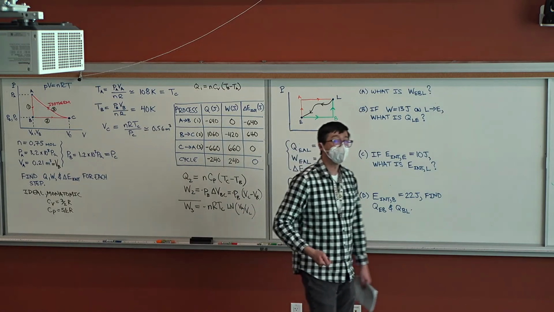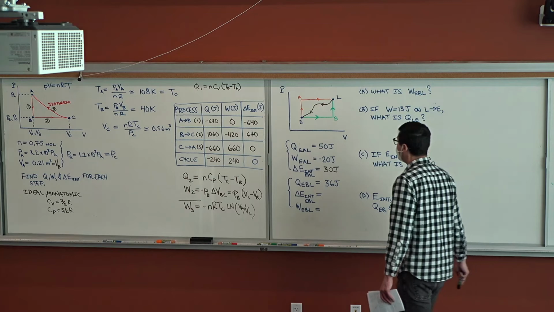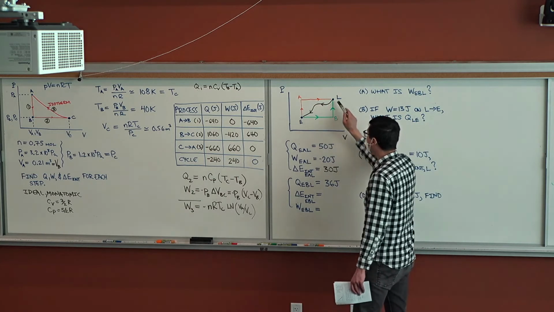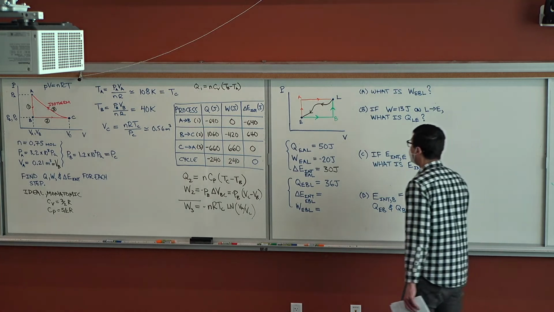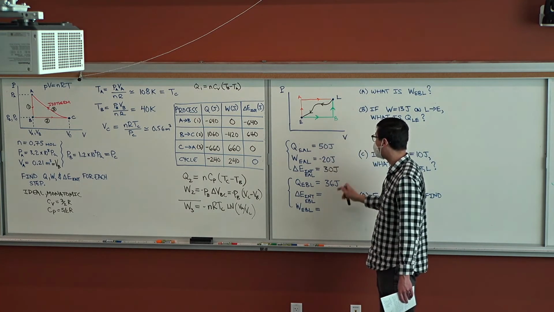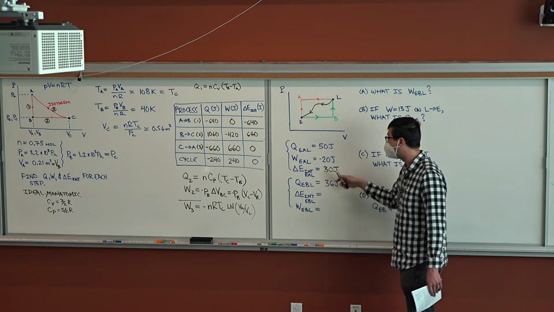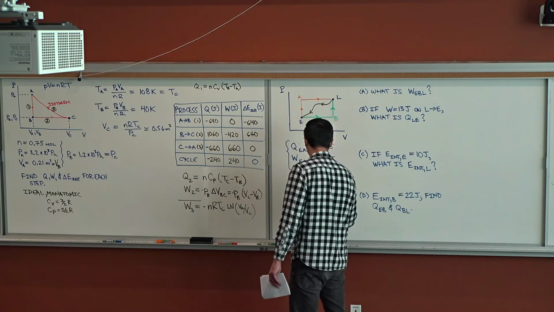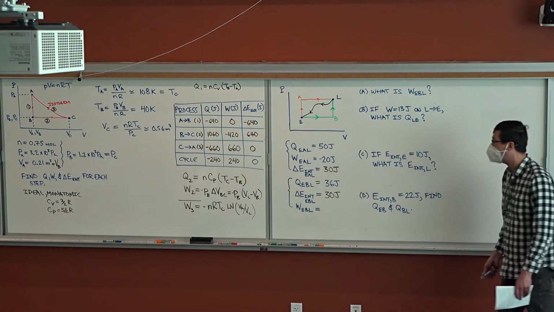But remember, internal energy is a state variable, right? So we could also have gone from E to B to L, and we should get the same result. And so if the heat added from E to B to L is 36 joules, well, I need that same change in internal energy, so this also has to be 30 joules.